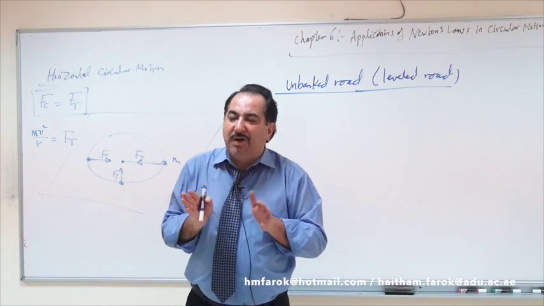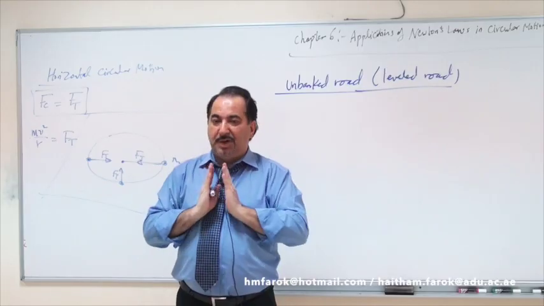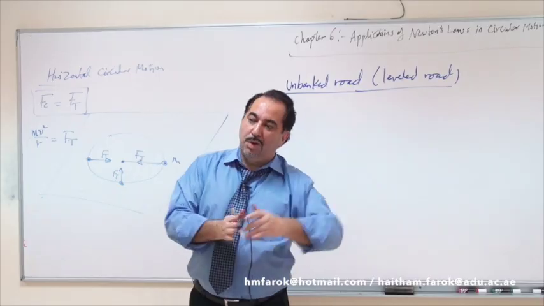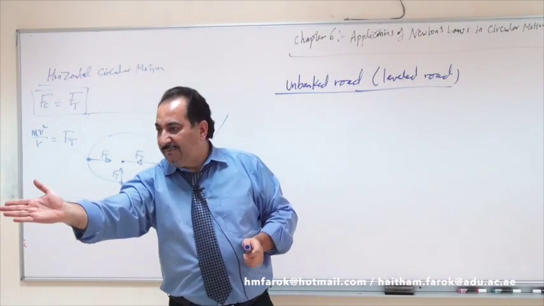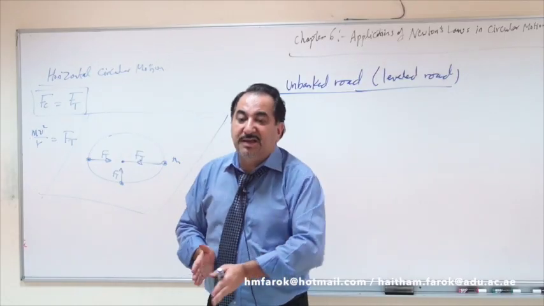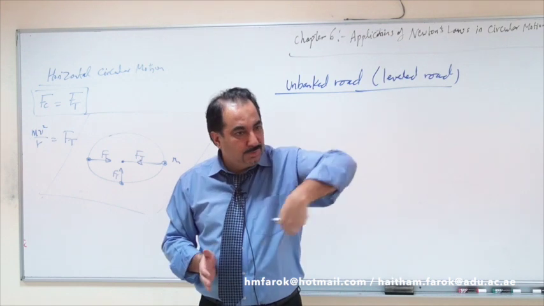So if you have a car on a leveled road, an unbanked road, you're driving straight, and then suddenly you turn to the right, or you turn to the left. This is part of circular motion. Or you just enter a roundabout to do circular motion, yeah?